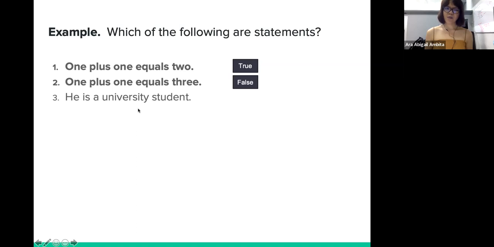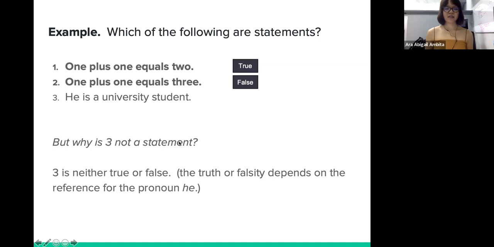But why is it that "he is a university student" is not a statement or a proposition? The third statement is neither true nor false. The truth or the falsity depends on the reference for the pronoun he. So he refers to no one in particular.